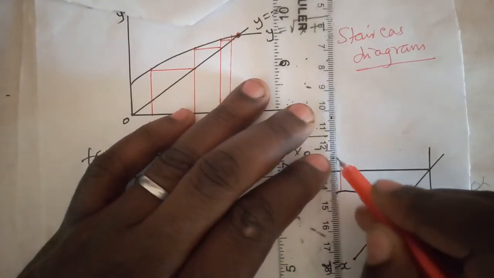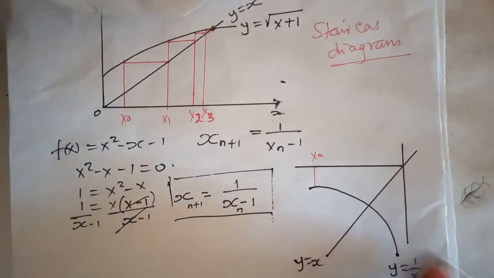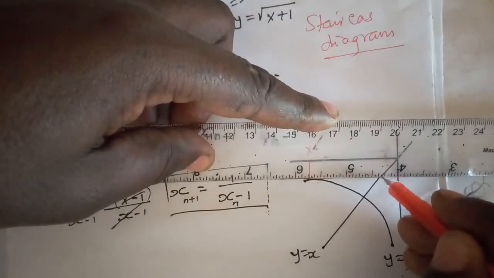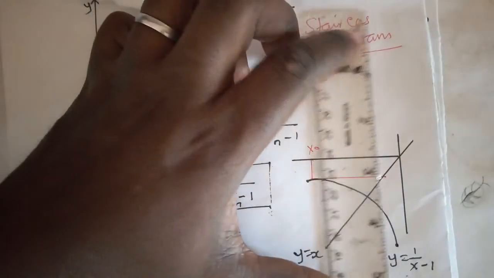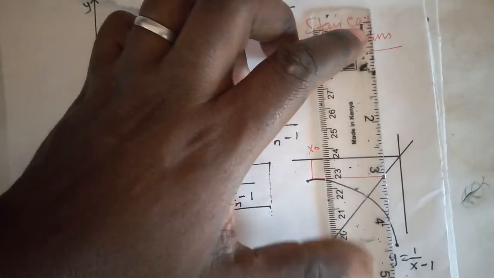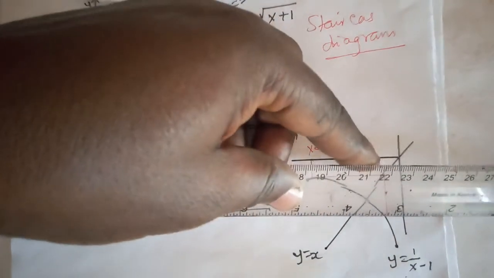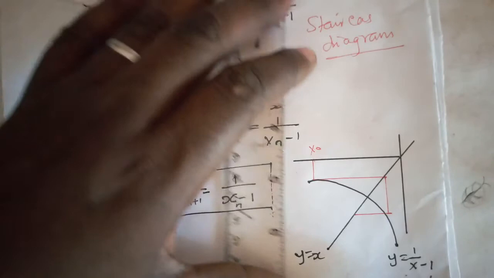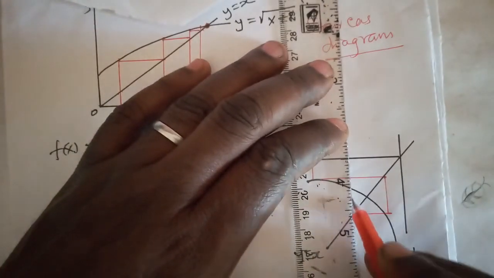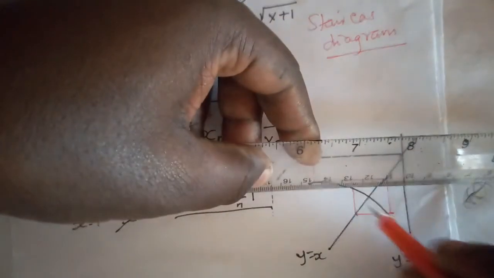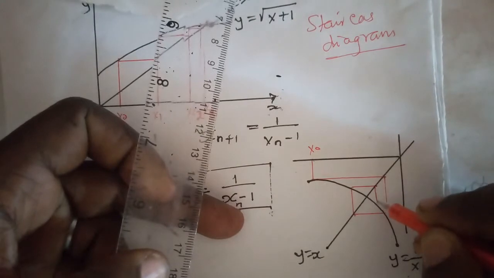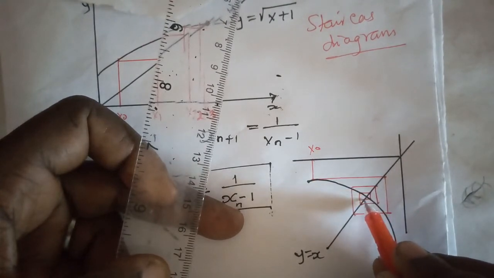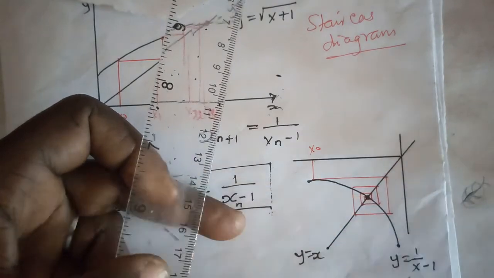If you happen to identify x naught, you will hit that particular point and walk horizontally, hit there, and then go down to the graph, hit there, and then go down again to the straight line y equals x, hit there, and then go up to hit the other graph, and again you go to the straight line, hit there, and finally it will converge to this particular point.